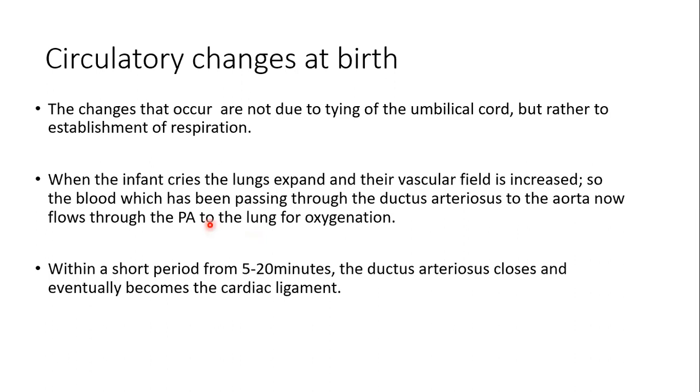Before that, the systemic circulation was less resistant than the pulmonary circulation, because it was as if something was collapsed on the vessels there, making it difficult for blood to pass through, and making the right ventricle pump against the very high pressure of the pulmonary bed. So with that, it's easy for blood to just move from the high pressure side to the aorta.